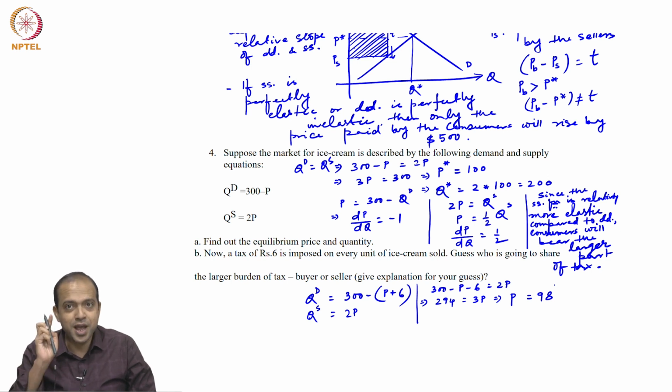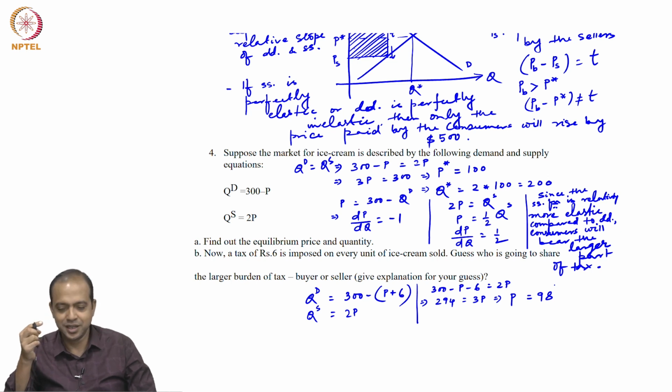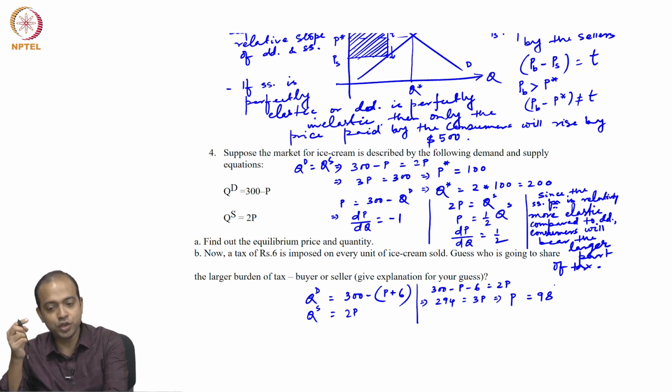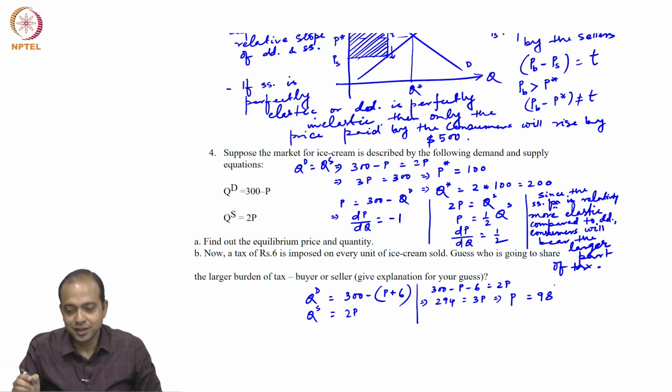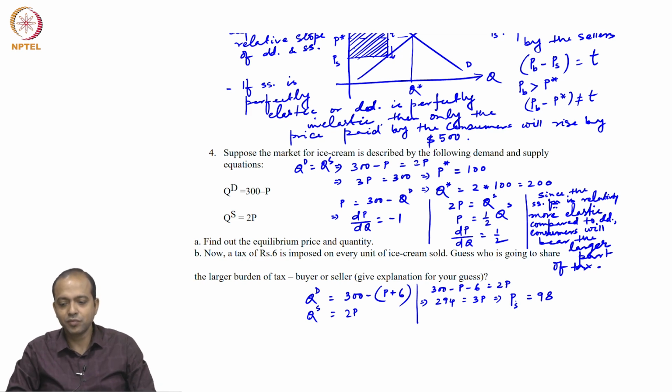So, therefore, we have to be careful after getting the price, whether this is PB or PS, that depends on what was the equilibrium price. This price is actually lower than what they were paying earlier, therefore, this is only PS. So, the price received by the supplier is 98.